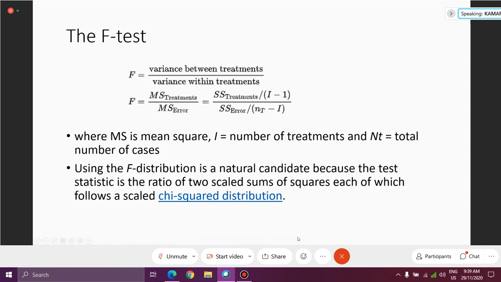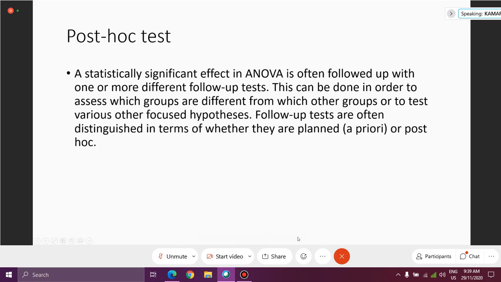So what we need to do next is the post hoc test. We perform the post hoc test after we find a statistically significant effect in ANOVA.